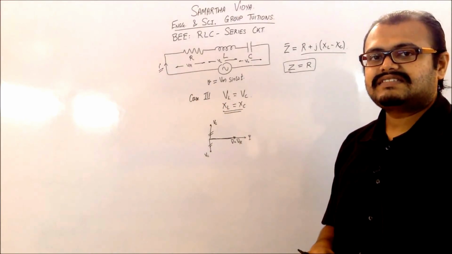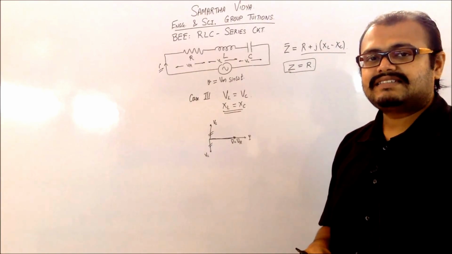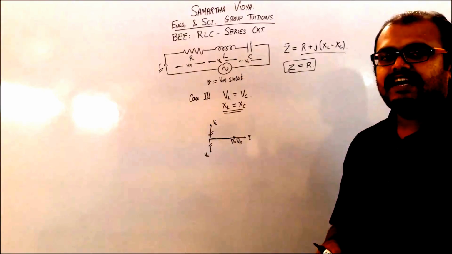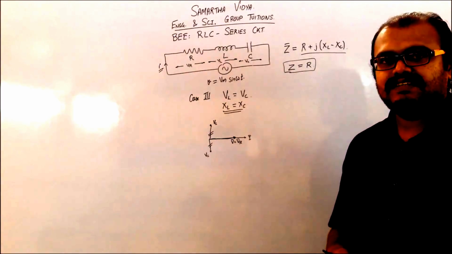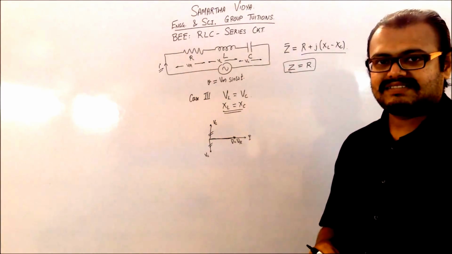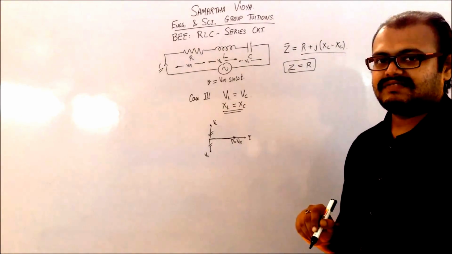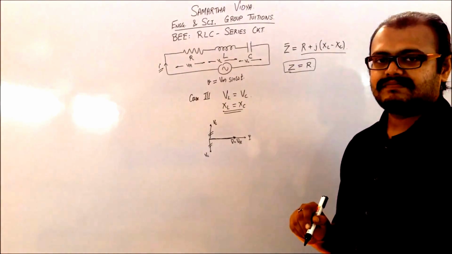And because of this, there is a resonance occurring in this circuit. Now if you want to calculate the frequency at which the resonance is going to occur, you have to go back to the equation XL is equal to XC.